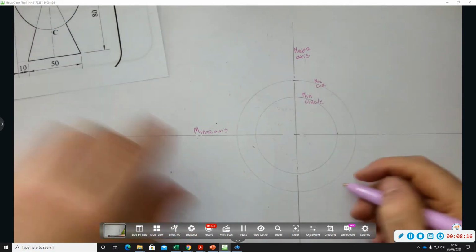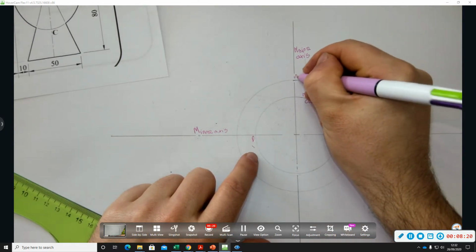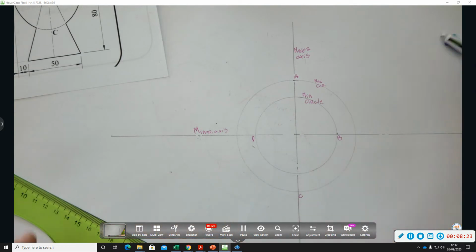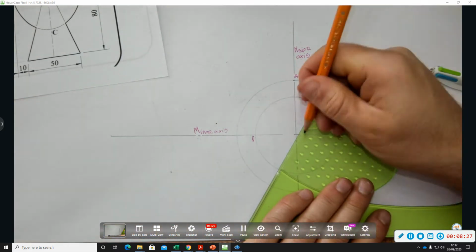I'm going to label the points D, B, A, C. Now I'm going to divide it up into 60-30.